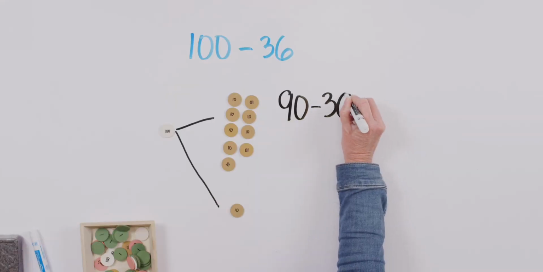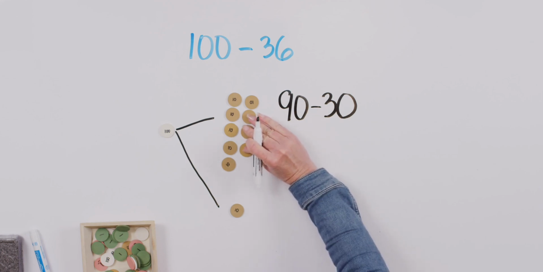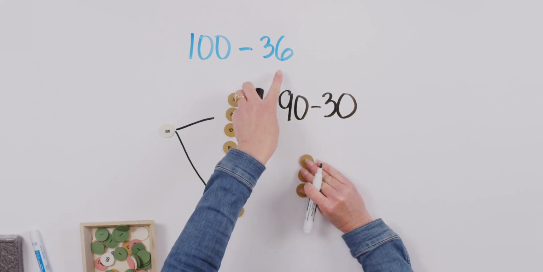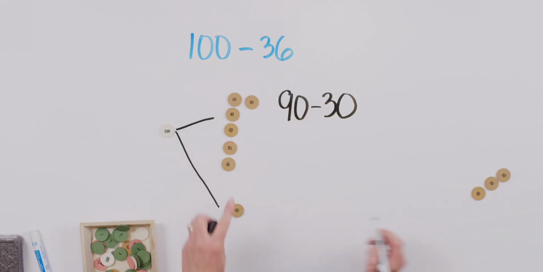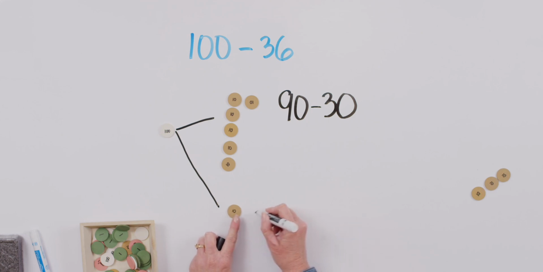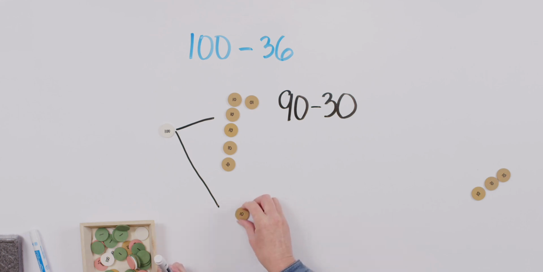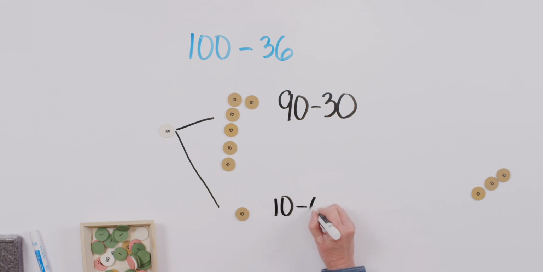I'm still left with 6 ones. So with my 10 down here, if I take 6 away, what is 10 minus 6? Right, 4. We can always trade this out for 10 ones and take our 6 away, but we know that 10 minus our 6 is going to give us 4.